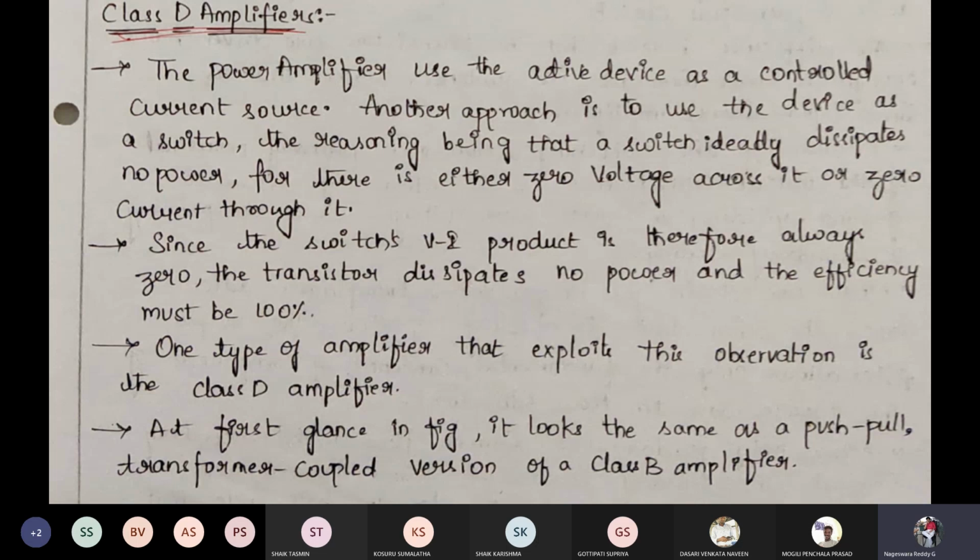So when there is zero current or zero voltage, the power is equal to zero for the ideal class D amplifier. So the efficiency of the class D amplifier is 100%. One type of amplifier that exploits this observation is the class D amplifier.